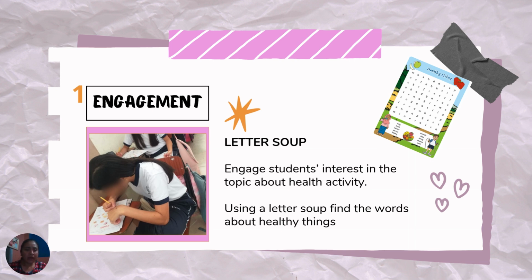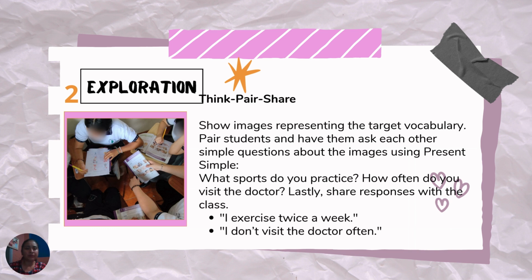Then we have the next step, which is exploration. In the exploration, students are going to do the activity think, pair, share. This activity consists on show images representing the target vocabulary.